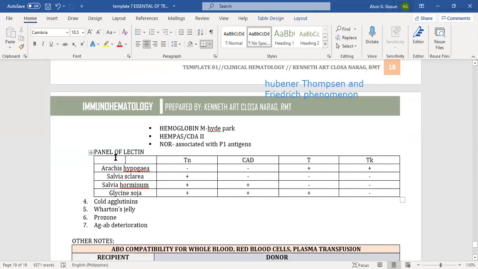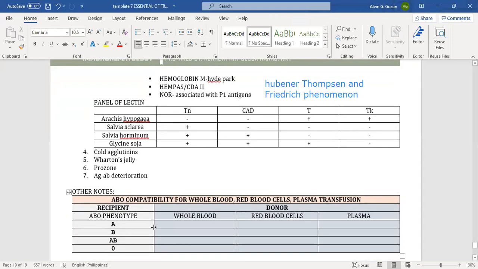Tinest natin siya with different panel of lectins such as Arachis hypogaea, Salvia sclarea, Salvia horminum, and Dolichos biflorus. And what are others? Cold agglutinins, Wharton's jelly, made up of albumin, prozone effect, antigen-antibody deterioration.